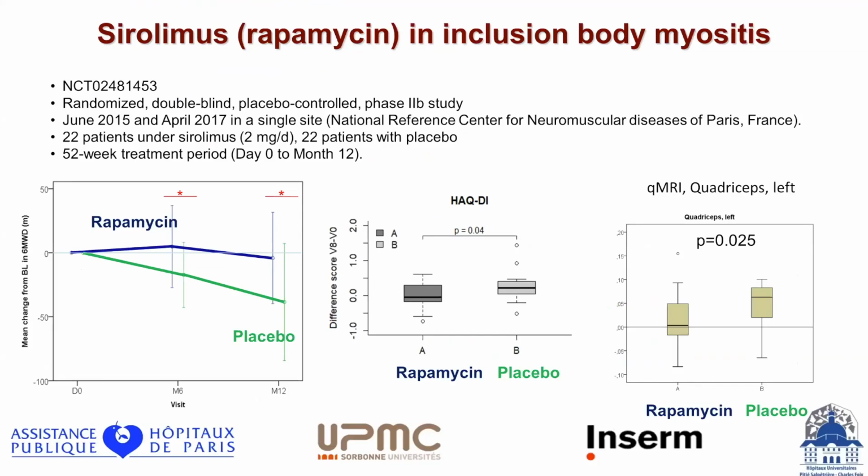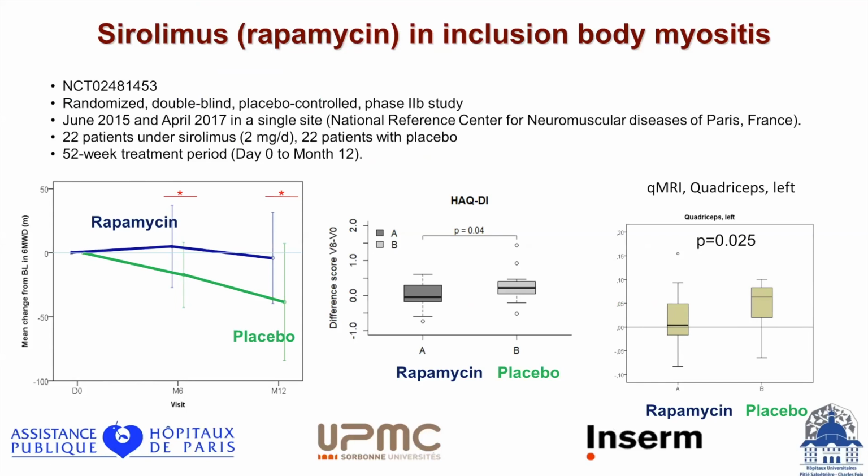And to make a long story short, we use rapamycin, sirolimus, because it's the only drug which permits to increase the longevity of mice by increasing the autophagy.